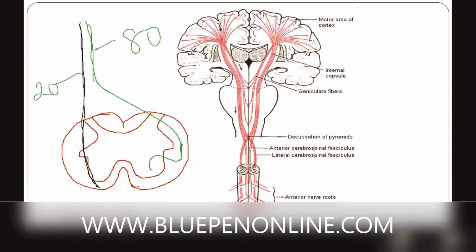So the anterior corticospinal tract hasn't crossed till now. When they reach that particular segment, from the anterior funiculus of that side they'll cross to the opposite side and join with the other 80% which had crossed already in the medulla. And these two groups will end in the anterior horn of the spinal cord.